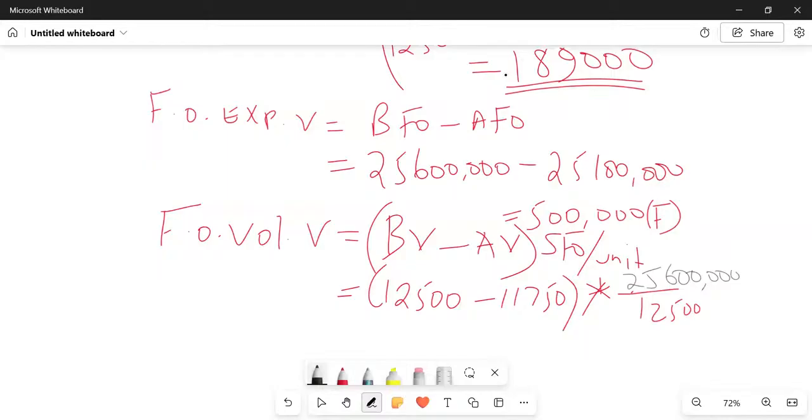Yeah. So then can you kindly give me this answer here? Just try your best. Budgeted over budgeted, standard fixed overheads per unit.